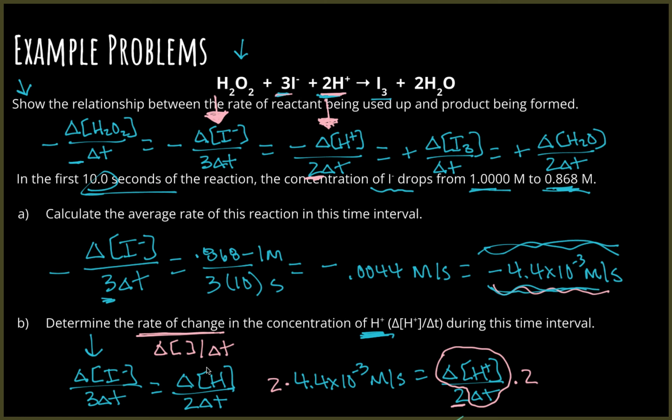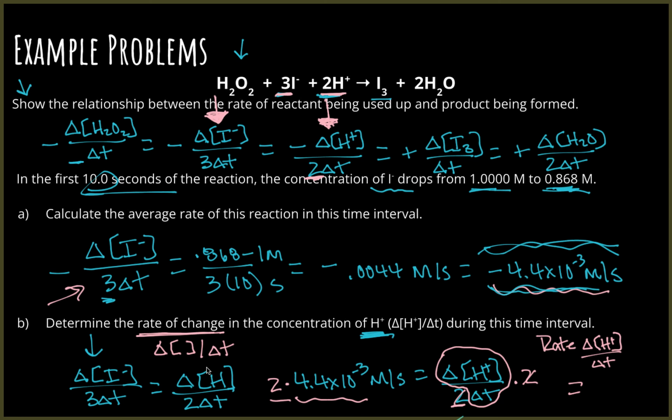And that 3 is not in there because that's already been taken care of when we calculated that rate in the previous problem. So the rate for the change in concentration of H plus over time is equal to this value times 2. Putting that 2 over there gets rid of it.